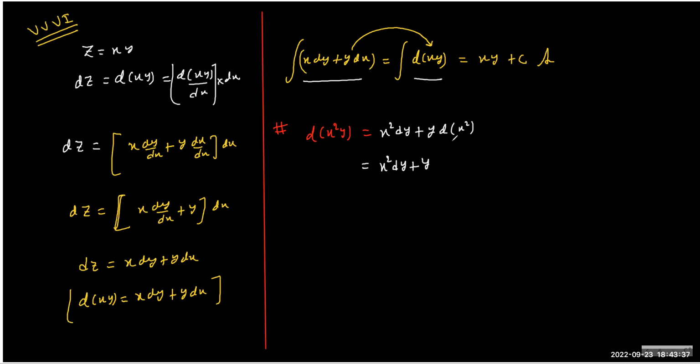I want either dx or dy. What is the differentiation of x square? 2x. So how to write this? 2x dx, because dx is missing in the denominator, isn't it? Yes, sir. So d of x square y is actually x square dy plus 2xy dx.